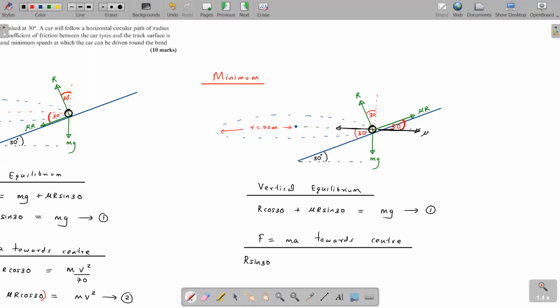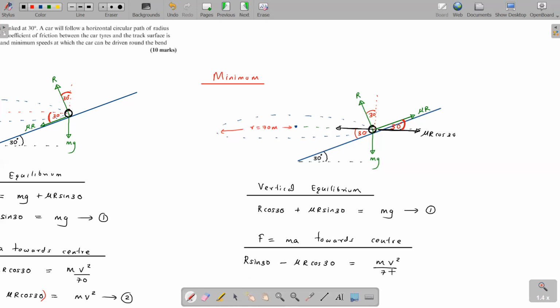Mu R cos 30 is also acting in the horizontal direction, but it is acting away from the center. So that's going to be minus mu R cos 30, equals to mv square over r, right?